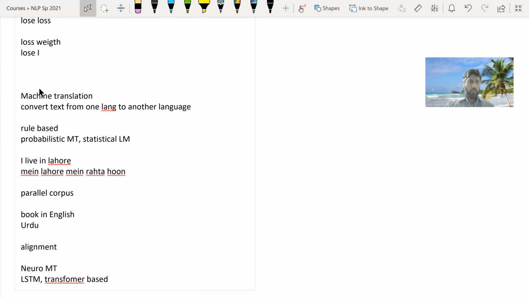So if you go to Google Translate, for example, at the back end it is most likely using some combination of LSTM or transformer. And Google Translate has become tremendously accurate over the years for resource-rich languages like English, French, Spanish, and other languages for which lots of data is available.